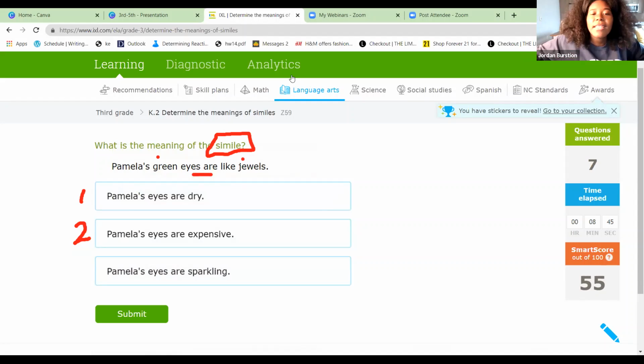And this time they give us three options to pick from to make it a little bit more challenging.